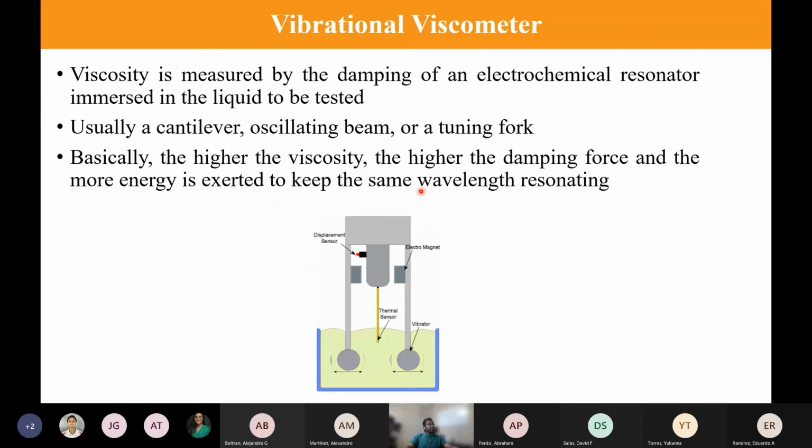Then there's another one, the vibrational viscometer. The concept is pretty simple. A vibrator is being vibrated in a liquid, and there is a sensor that measures the displacement. And the more force you need to vibrate a vibrator at a certain speed or frequency, the more viscosity the liquid has.